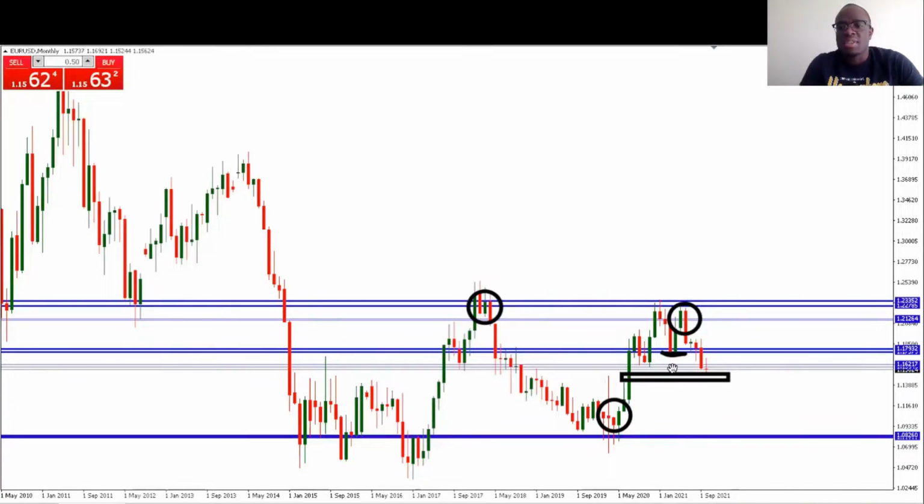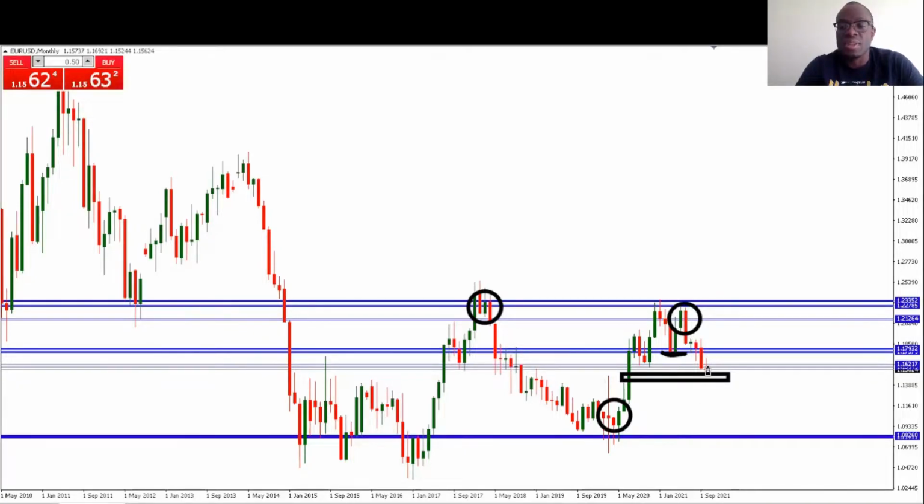What I'm expecting initially in terms of the bearish move is that since the price has bounced off this low and made a rejection, the price is going to move to the downside, clear this inefficiency, and come and test this order block. So this is the first bearish scenario.